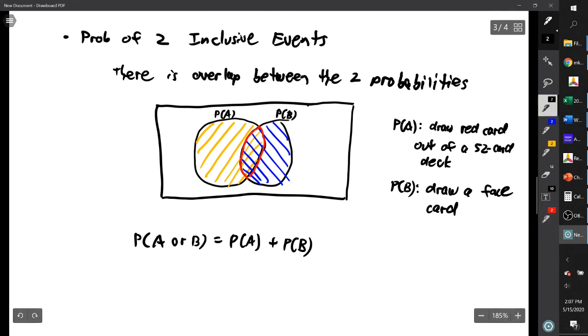So we need to subtract the overlap. And so we need to subtract P of A intersection B. That symbol means intersection. In other words, it's the overlap.